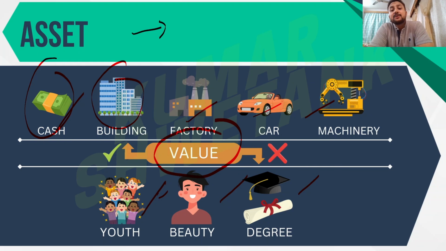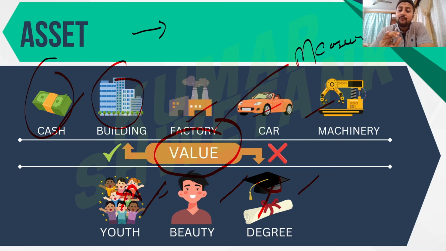But if we are learning accountancy, what is an asset? In accountancy, an asset is any stuff of the company which has value, but these values can be measured. You can measure cash, you can measure the value of a building, you can measure the value of machinery, but what about beauty? Beauty is valuable, but it can't be measured. Youth can't be measured, degree can't be measured.